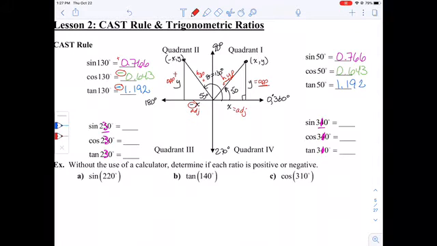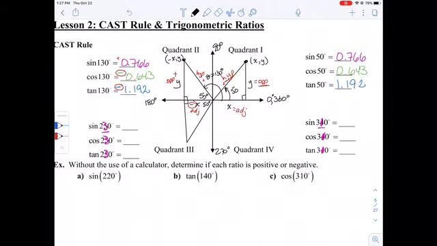And if we look at the sine of 230, even without using our calculator, let's just draw our picture first, and maybe you can envision, would the sign be positive or negative? Let's see if we can figure that out. Of course, these are all right angles, okay? And this would be our reference angle of 50.